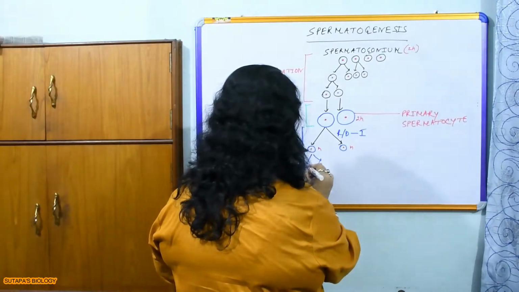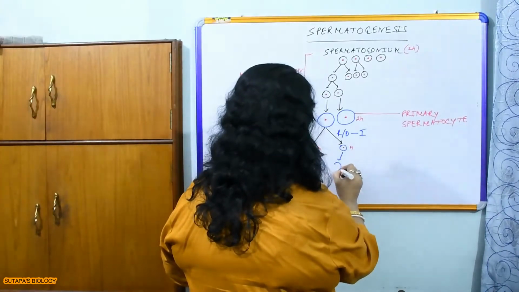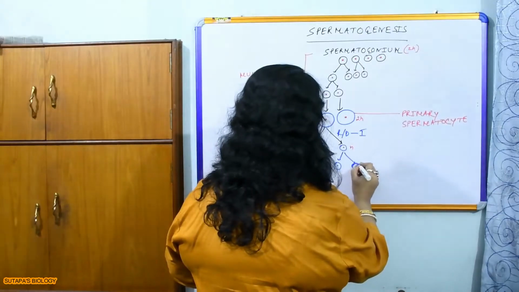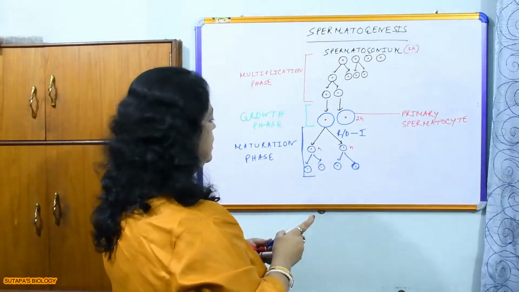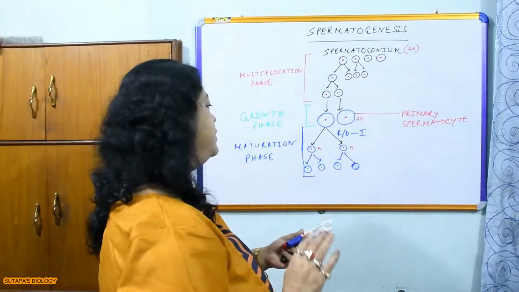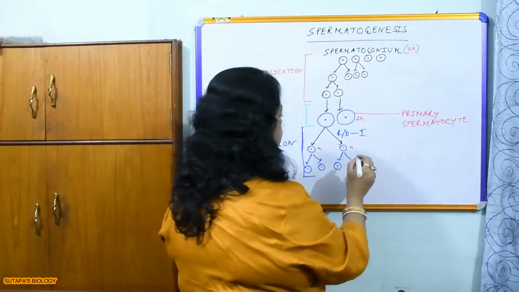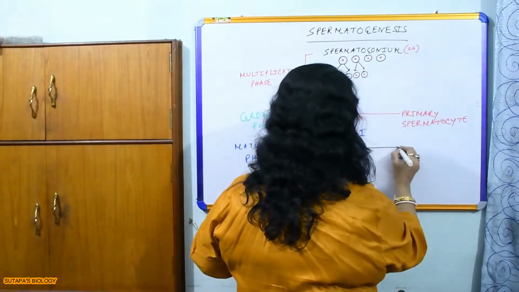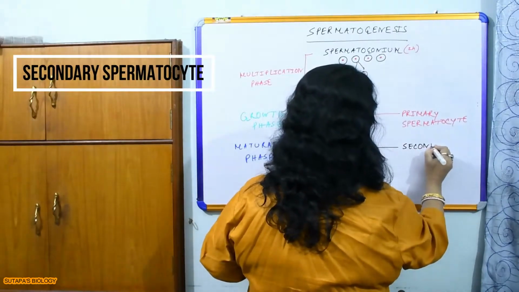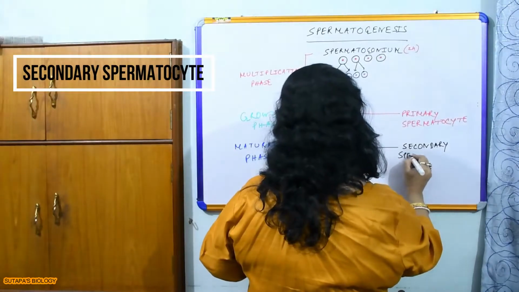So from here another 2 will be produced, and from here also another 2 will be produced, and after completion of this, these cells are known as spermatids, and they are 4 in number, and this one is known as the secondary spermatocyte.